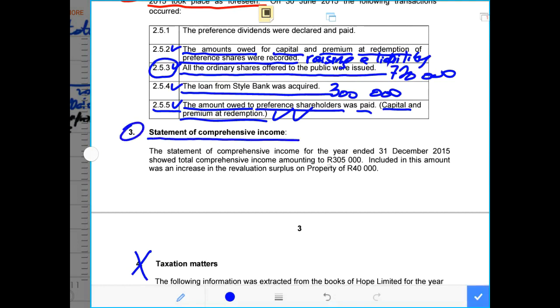Our total comprehensive income was 305,000, but 40,000 for the revaluation surplus is included in this amount. Included in this amount was an increase in the revaluation surplus of property of 40,000 rands.